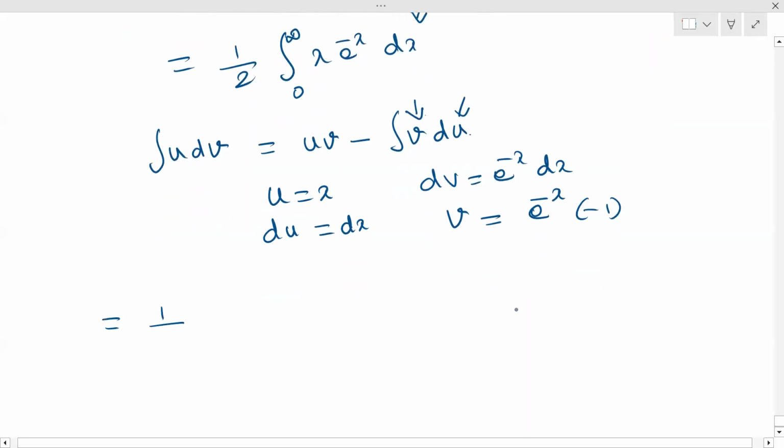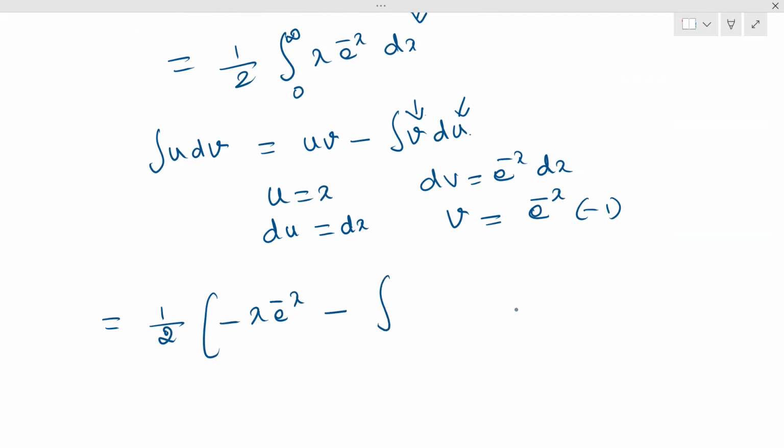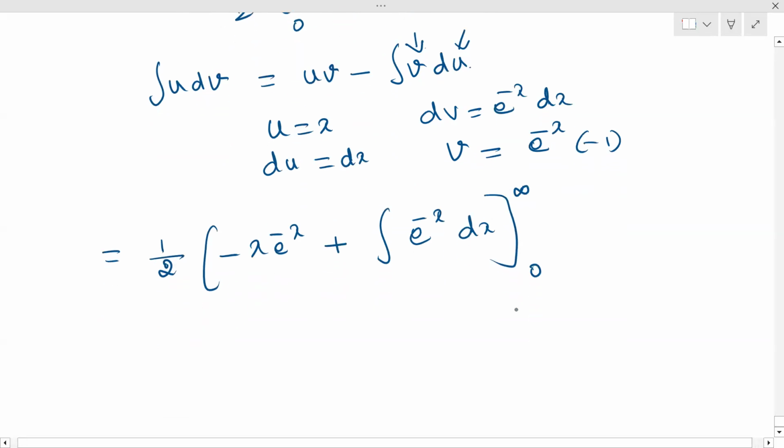Which is equal to uv, minus x e power minus x, minus integral v du, that is e power minus x dx. Here we are having a minus sign, so it will become plus. The limit is 0 to infinity. Again, we integrate this function.